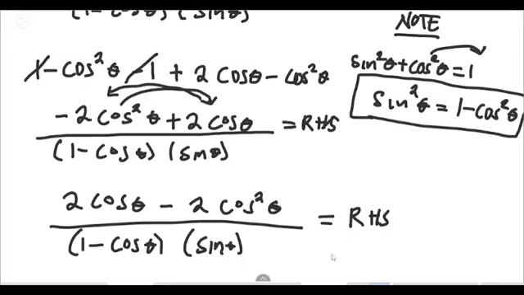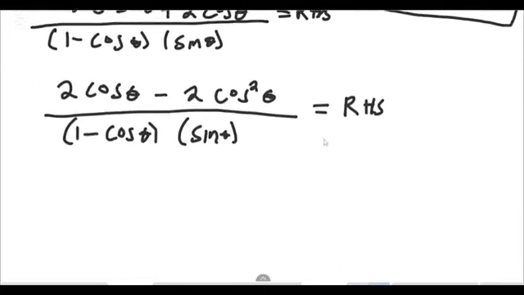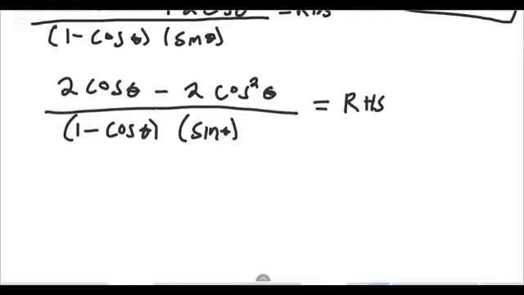From this stage now we can notice that in our numerator we have something that is similar. We have cos here, even here there is cos. So we have 2 cos theta minus 2 cos squared theta. What is common there? We can factor out 2 cos theta, open bracket. 2 cos theta into this 2 cos theta, it's a 1.